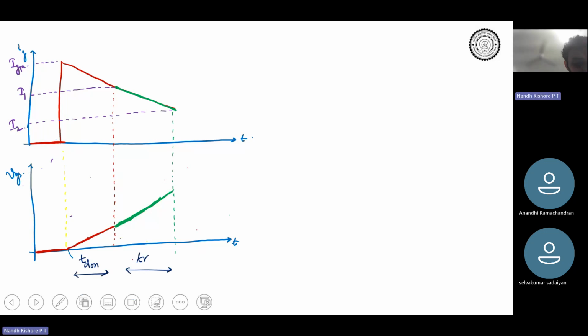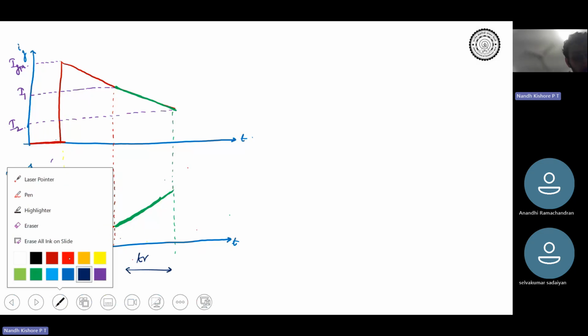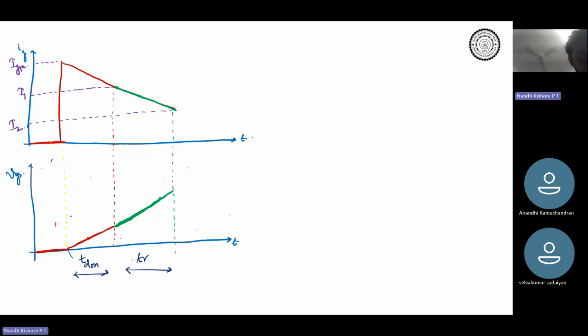And we also saw what was the average gate current. So the average gate current was somewhere over here, and then somewhere over here, right?